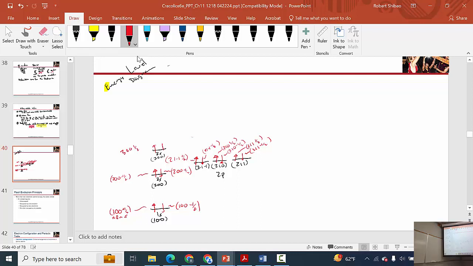Okay, we go to sodium, and then we go to magnesium, which is going to add a 3, 0, 0, negative 1 half. Okay, that fills the s orbital. And then after that comes what?